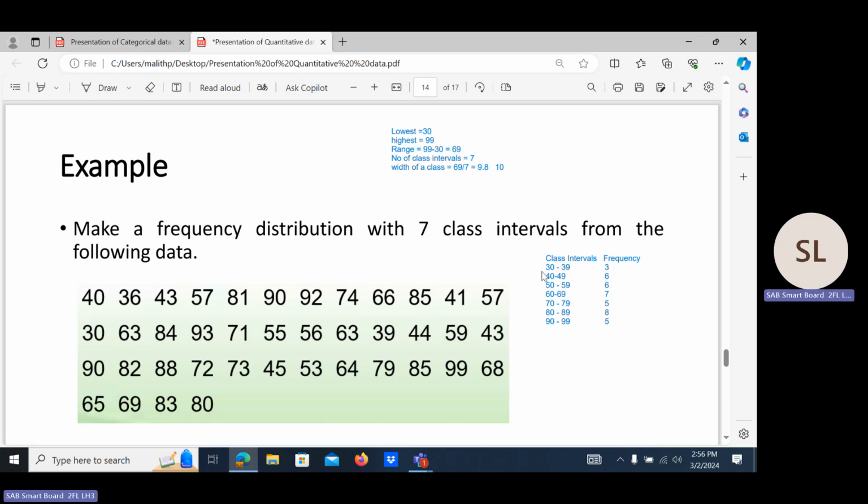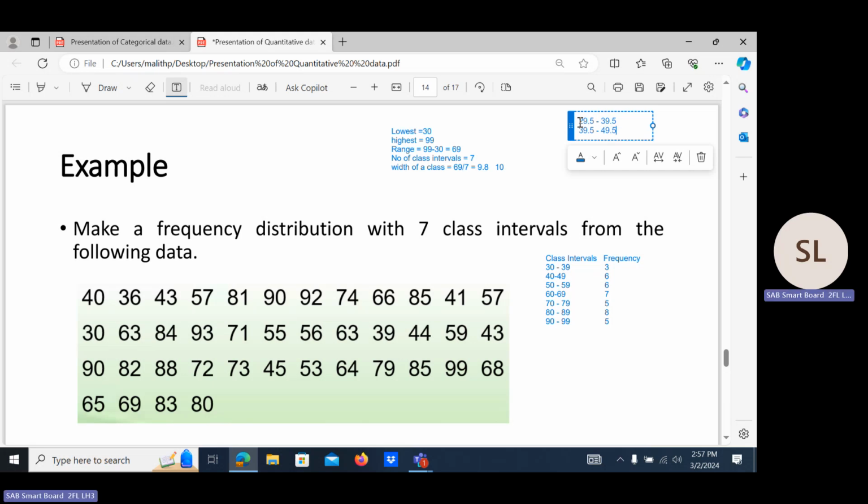What is the first class boundary? 29.5 to 39.5. Next one is 39.5 to 49.5.